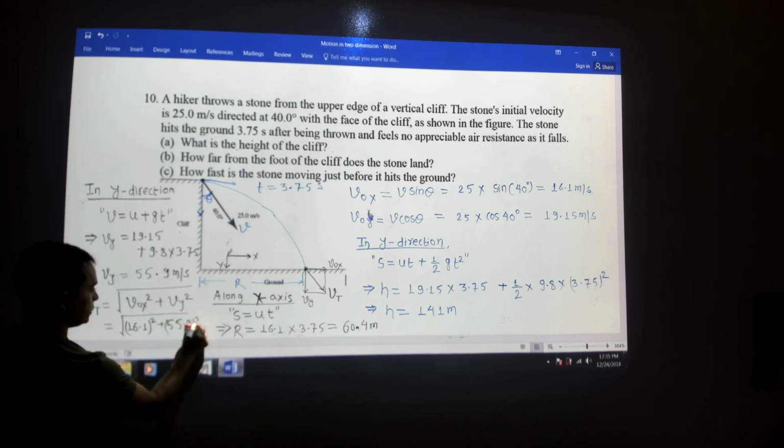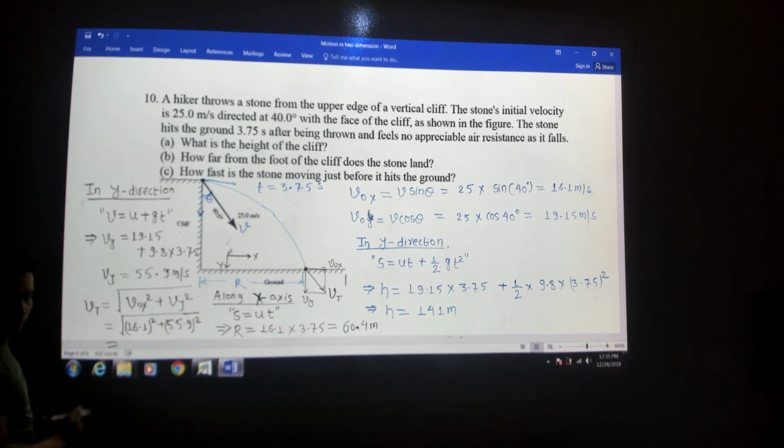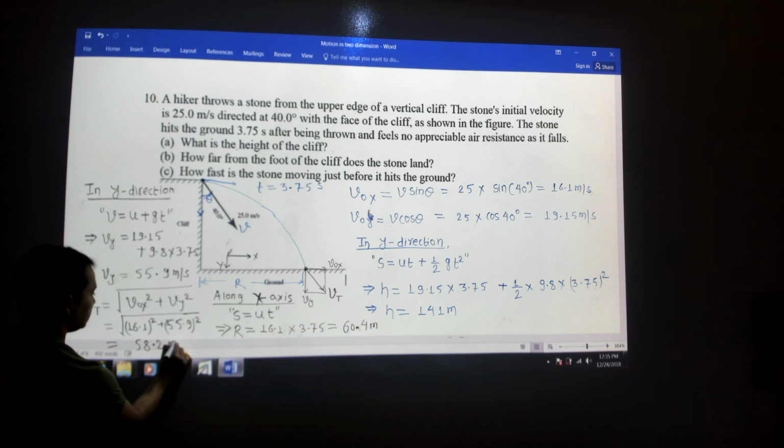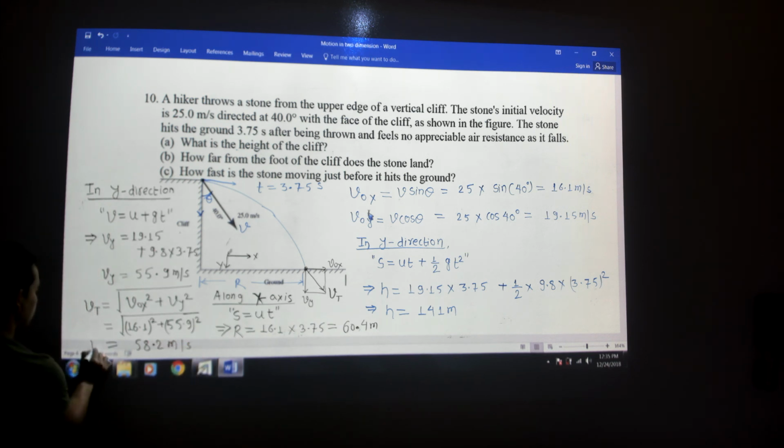Do this and you will get 58.2 meters per second. So this is your total velocity.